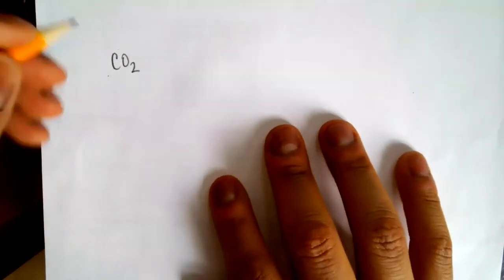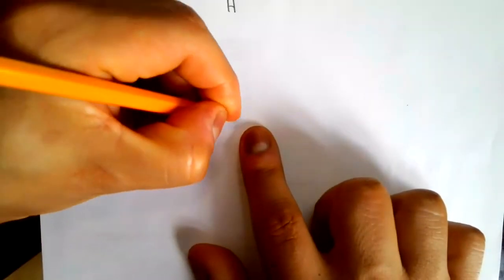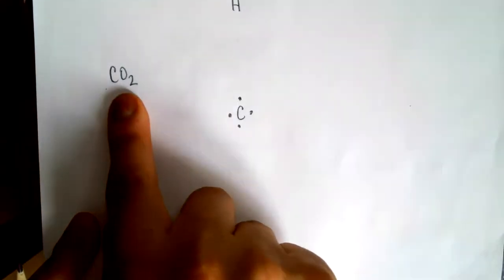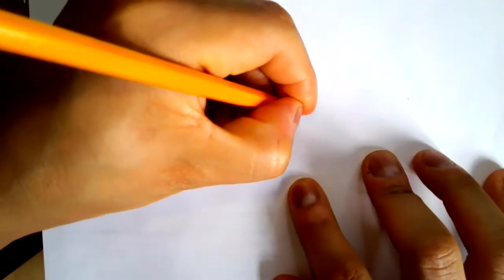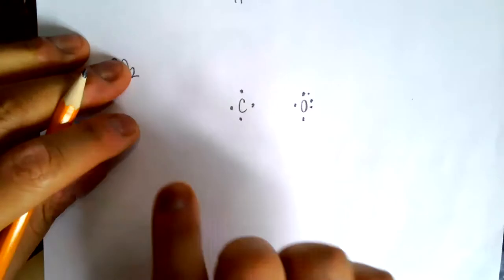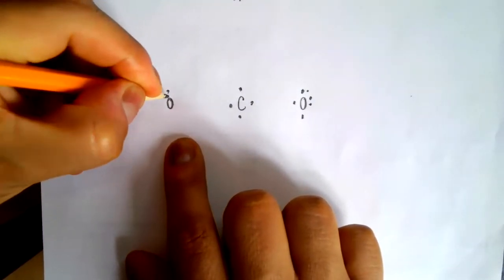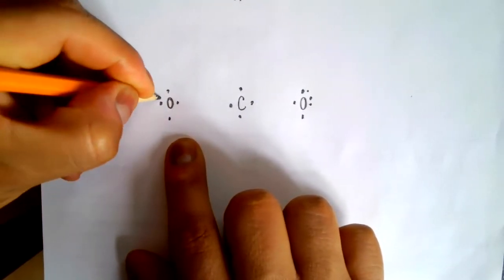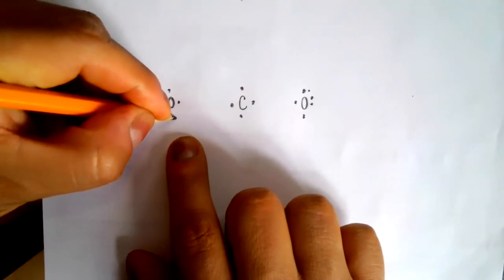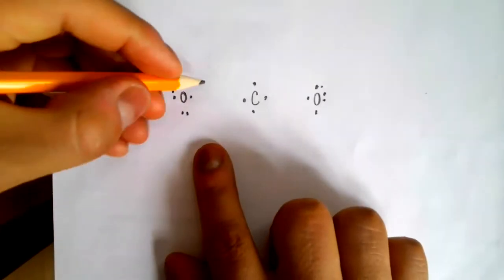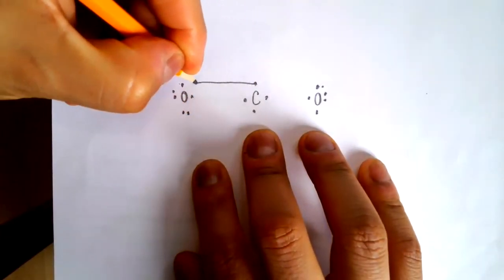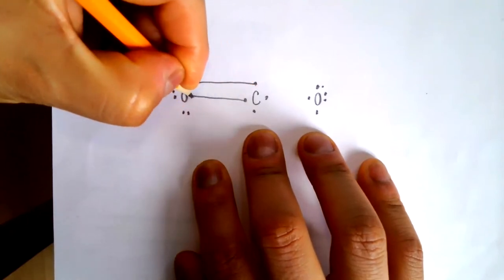For carbon dioxide, we have carbon, which has four valence electrons, and oxygen has 6, 1, 2, 3, 4, 5, and 6. And here I will put another 1, 2, 3, 4, 5, and 6. Yeah, I'll put it here. So this one has 2 unpaired electrons. Carbon goes there, carbon goes there.